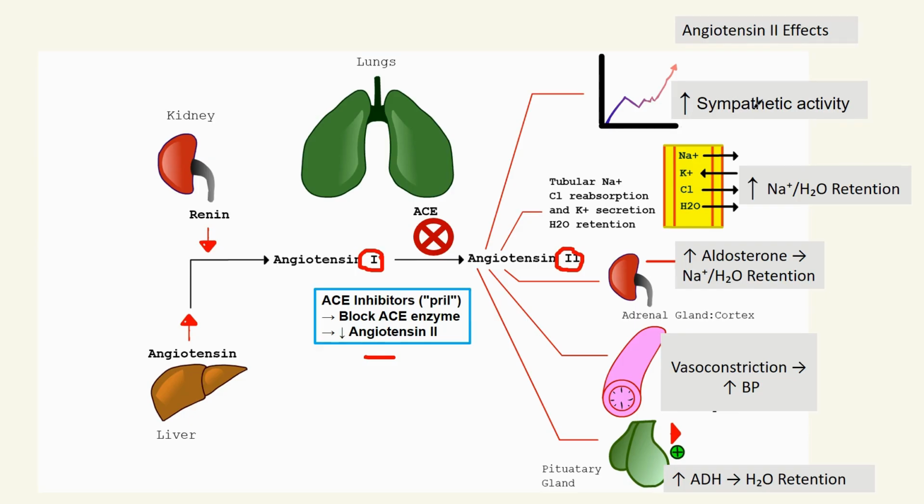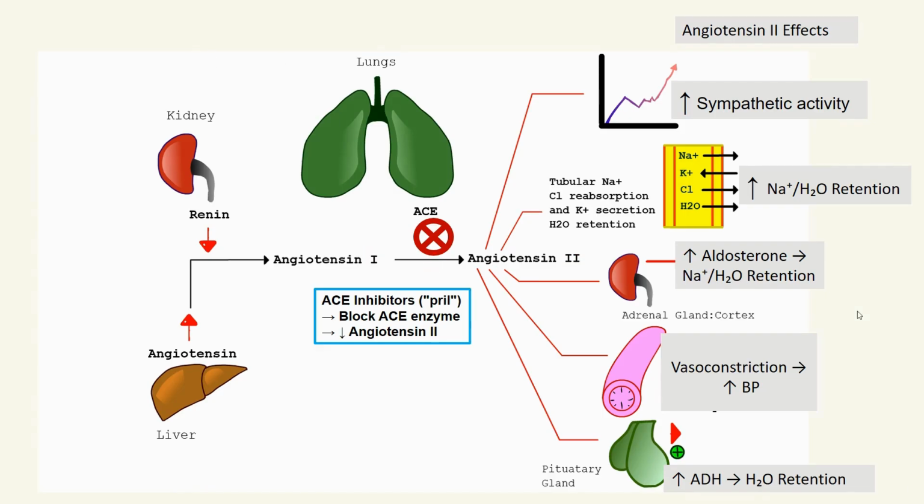It has sympathomimetic activity and also increases aldosterone, causing sodium and water retention, and also causes vasoconstriction that increases the blood pressure, and also antidiuretic hormone which causes water retention and more blood volume, eventually leading to high blood pressure. So by blocking this enzyme you prevent formation of angiotensin 2.